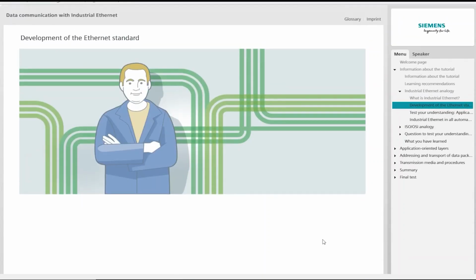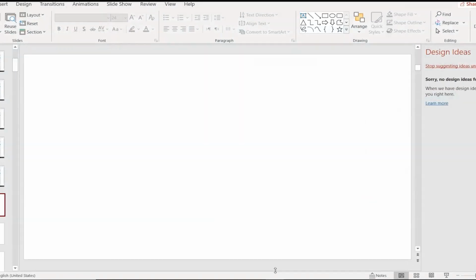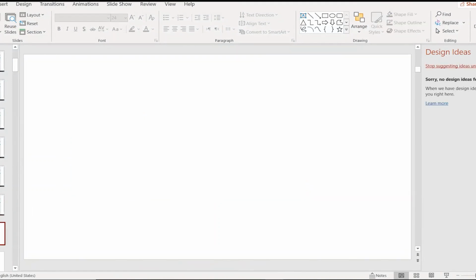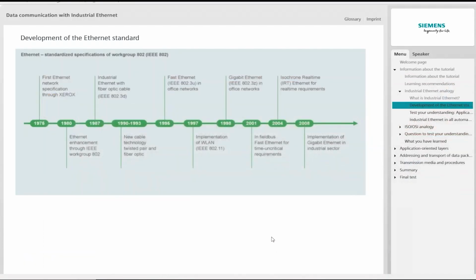To ensure that communication functions correctly between equipment from different manufacturers, Ethernet was standardized. The Xerox company published the first Ethernet network specification in 1975. In 1980, Ethernet was standardized in 802.3 by the Institute of Electrical and Electronic Engineers, abbreviated to the IEEE. Since then, numerous extensions to the standard have been published.